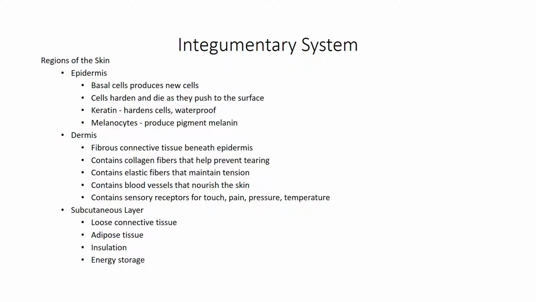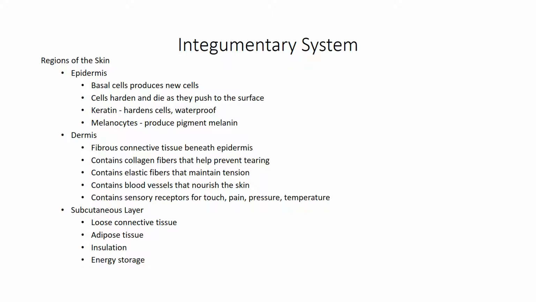Your epidermis is the top layer of skin, and mostly it's got a lot of dead cells in it. It's also got melanocytes, which help produce the pigment melanin, which helps determine how dark your skin color is. Your dermis has a lot of collagen and a lot of elastic fibers.